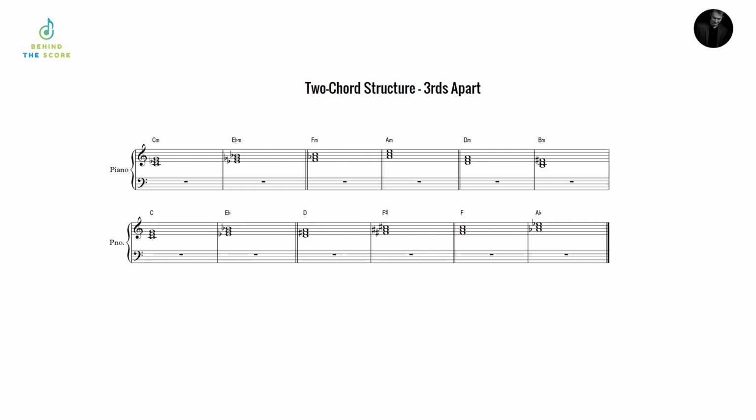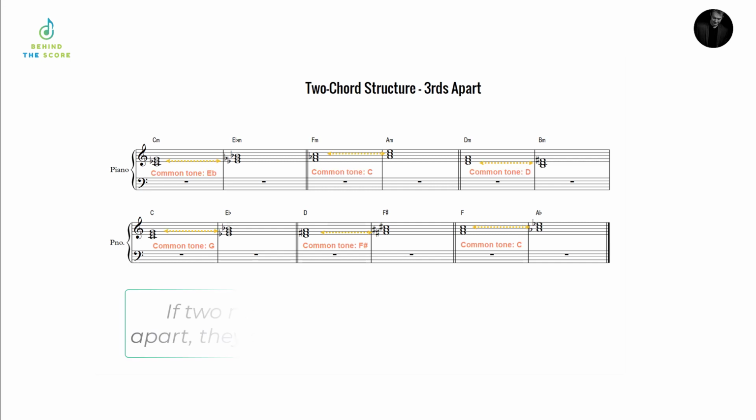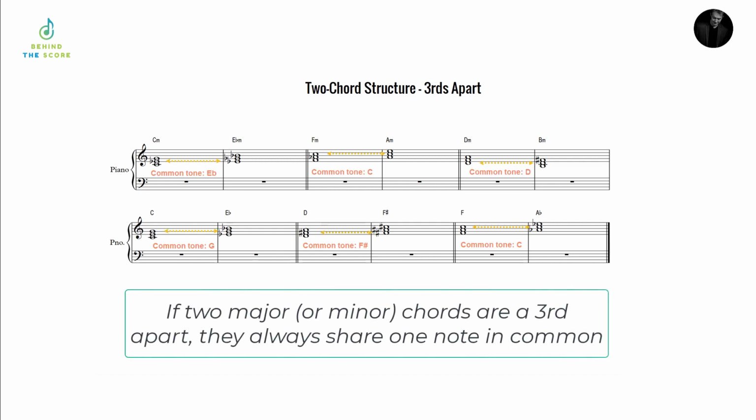But before we begin, I want to emphasize that our last structure is a little different from the previous two-chord structures, and this is mainly because when two-chord structures are a third apart, they always share a common tone between the two harmonies. If you think about the previous two-chord structures, you will instantly realize that they never had a common tone between the two.